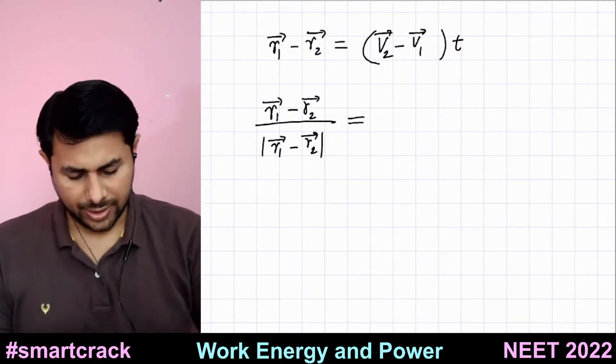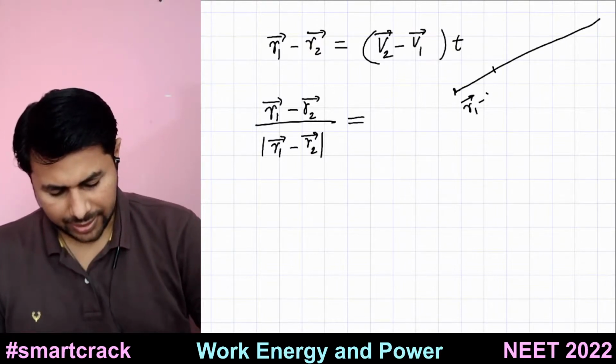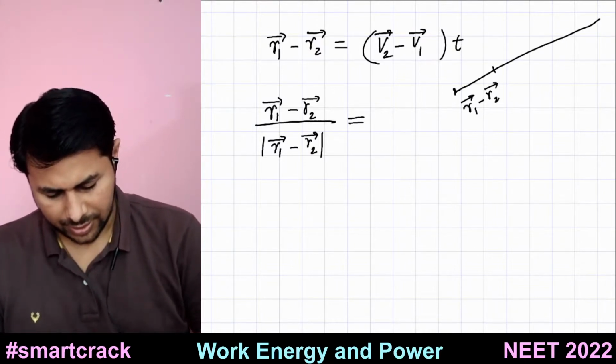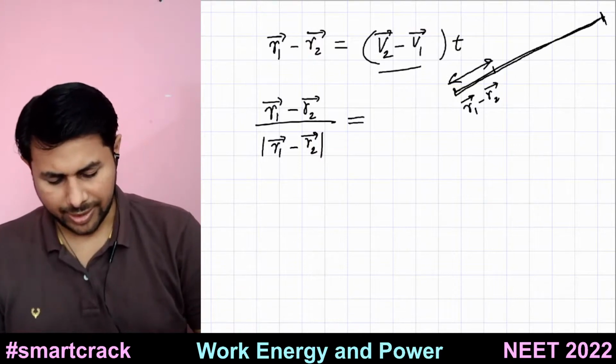See, these two vectors can be written as, this full vector is R1 bar minus R2 bar, and this much is suppose V2 bar minus V1 bar.